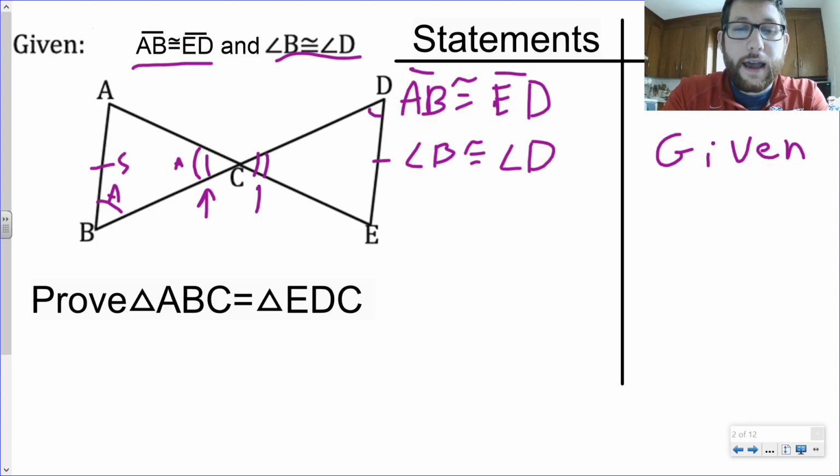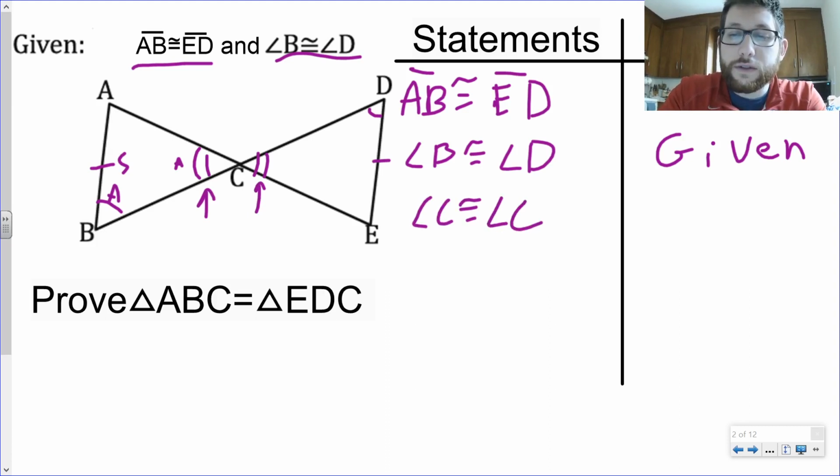The next thing I know is I have some vertical angles. Now, here's a common mistake. Some people like to put angle C is congruent to angle C. However, I don't know what angle C is. There are lots of different angles I could be talking about. So I need to use 3 letters to talk about my angles, because C could be referring to many different angles.